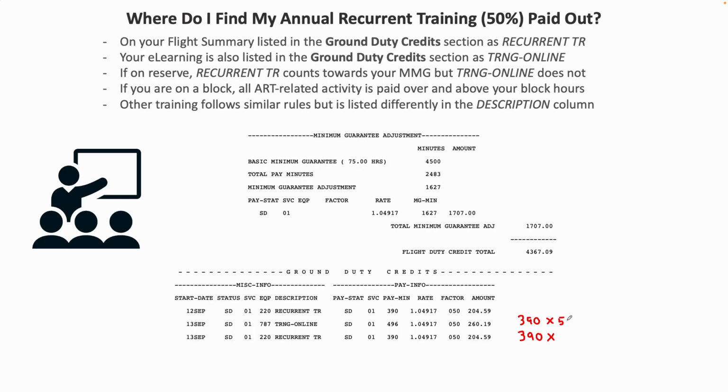So we need to multiply both of these 390 minute sessions by 50%, and that will give us the equivalent in minutes in the air. So 195 minutes in the air is what we see in both cases.